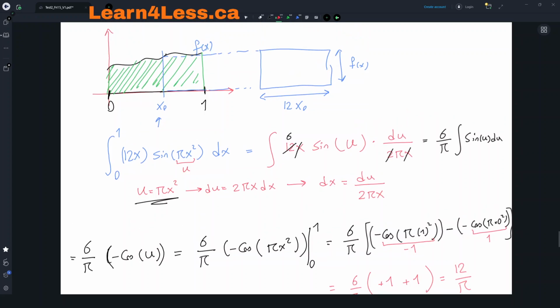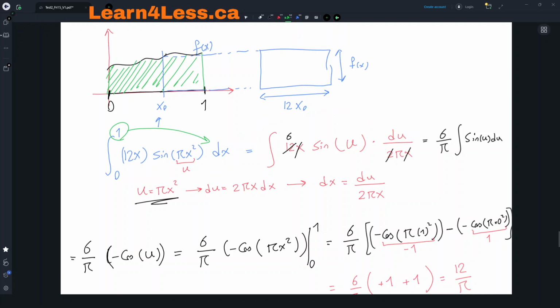And in case you are interested to know what the new bounds are, if you wanted to update the bounds, these bounds are for the x variable. And now you want to find the bounds for the u variable. So if you see dx, it's an x variable. If you see du, it should be a u variable. So how should we convert x to u?